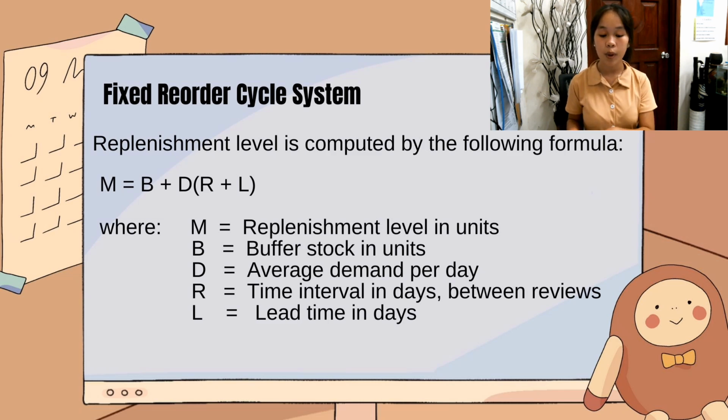Replenishment level is computed by the following formula: M equals B plus D times (R plus L), where M is the replacement level in units, B is buffer stock in units, D is average demand in units per day, R is the time interval in days between reviews, and L is lead time in days.